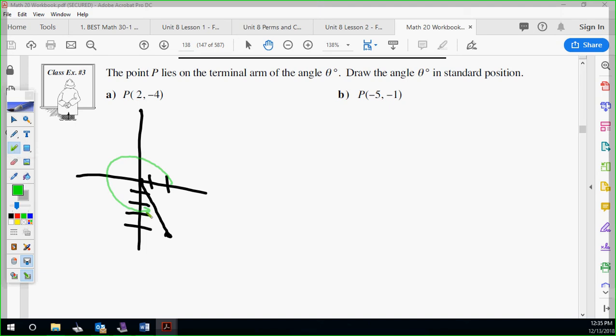So I plotted the point, I connected the point to the origin, drew the angle around from the original spot. We always start here too, by the way. This is always our starting spot. So the green line I drew represents angle theta, the missing angle.